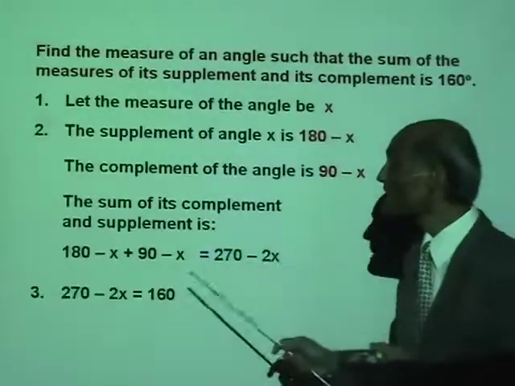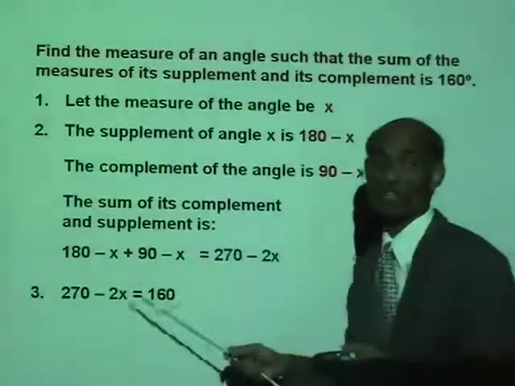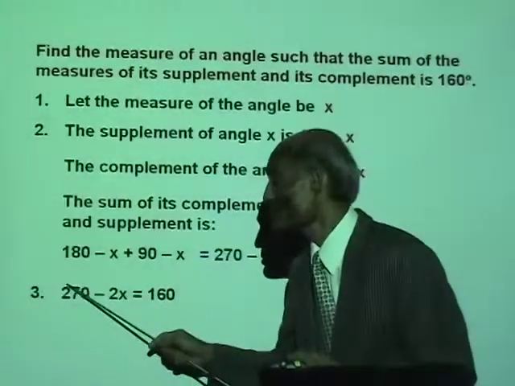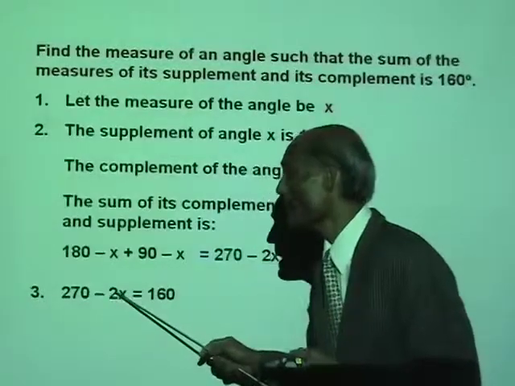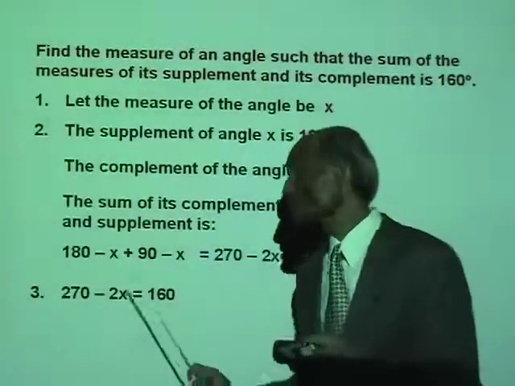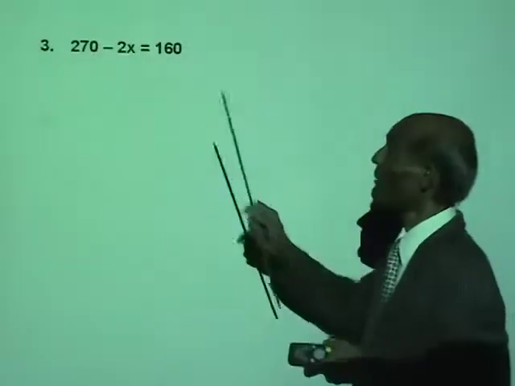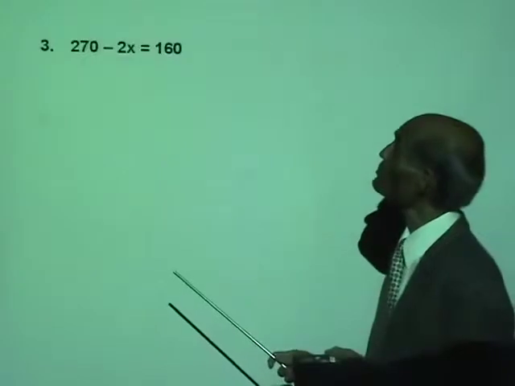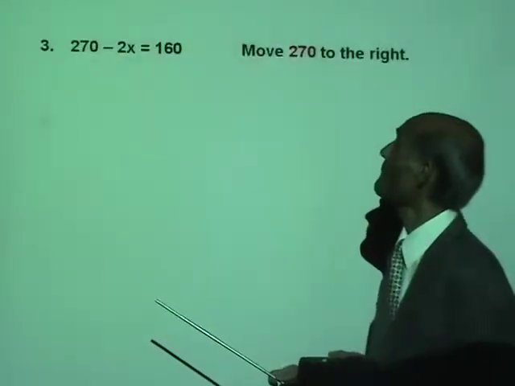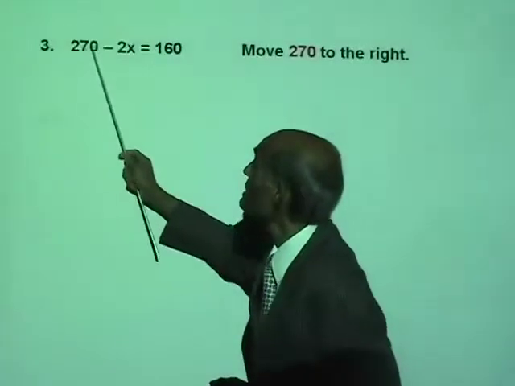Now what is this equal to? That must be equal to 160, and that's our equation. 270 minus 2x equal to 160. All right, let's solve that equation. What will you do to solve that equation? Well, let's move 270 to the right.